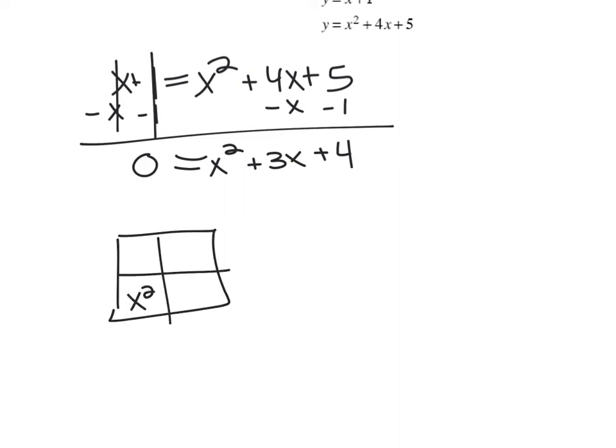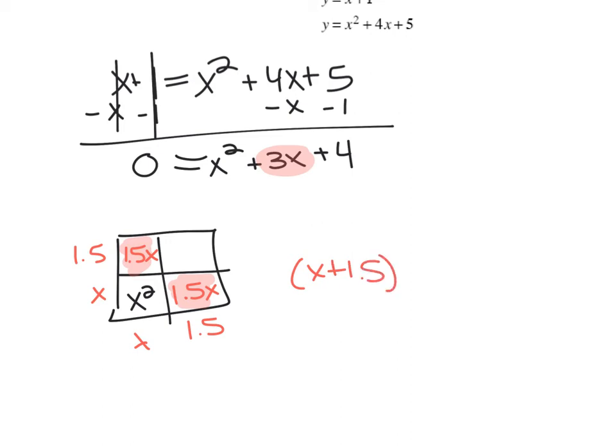I put x squared in. Then I have to take this middle term and cut it in half, so that half goes into each side of my square. So 3 cut in half is 1.5. So I'll have 1.5x in each side of my square, and so this will be an x by 1.5. So my answer is going to look like x plus 1.5 squared.